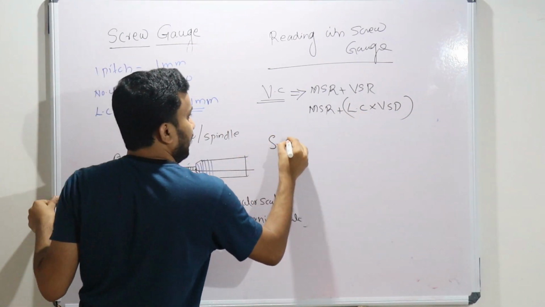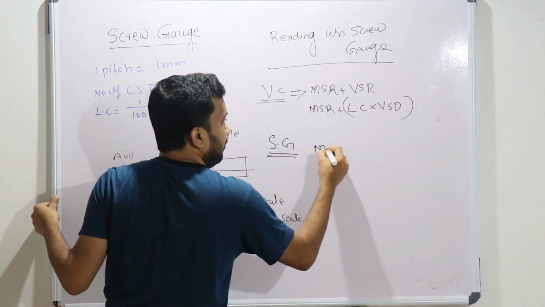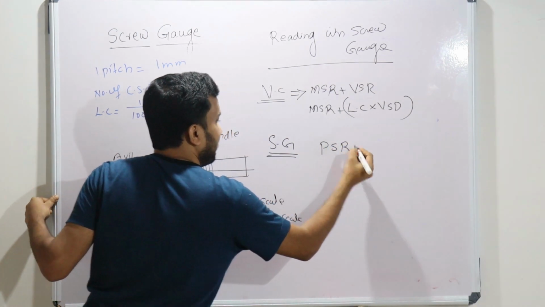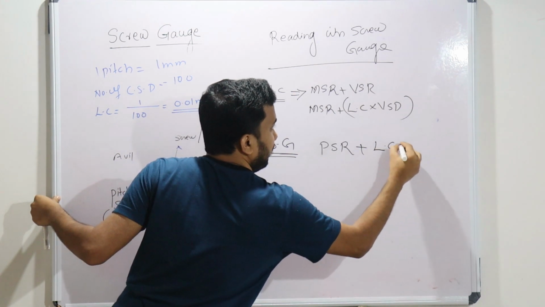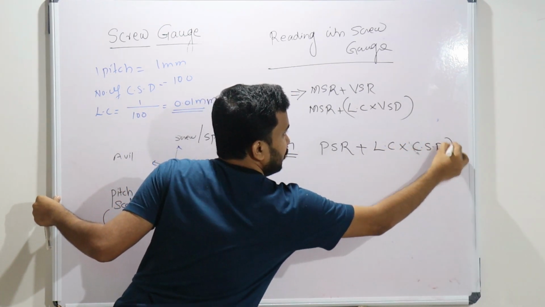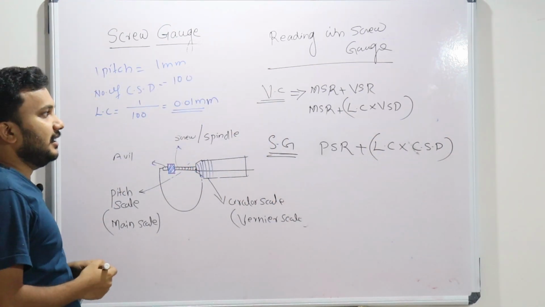When we come to the screw gauge, the same principle is applicable. Instead of main scale reading, what will we say? Pitch scale reading. Pitch scale reading plus least count into circular scale division, instead of vernier scale divisions. This is called circular scale division.